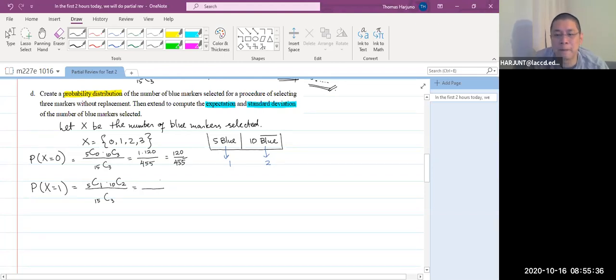Now, let me ask you to continue with this. What is the probability to get 2 blue markers? And then what is the probability to get 3 blue markers? Now, leave it in this kind of fraction. You will see the denominator stays 455, and we will leave it like that for now. Get the rest first. I give you 3 or 4 minutes from here.